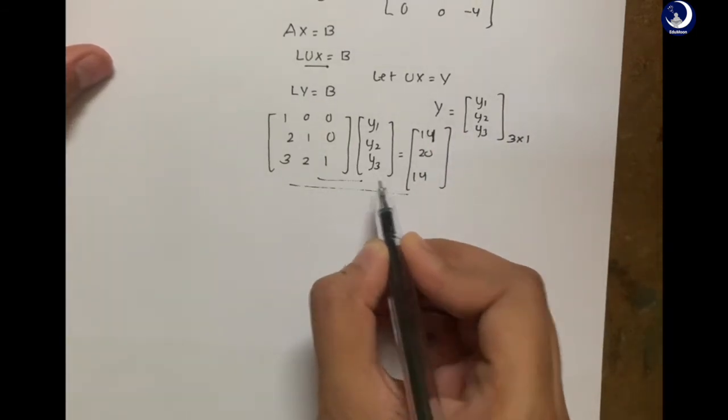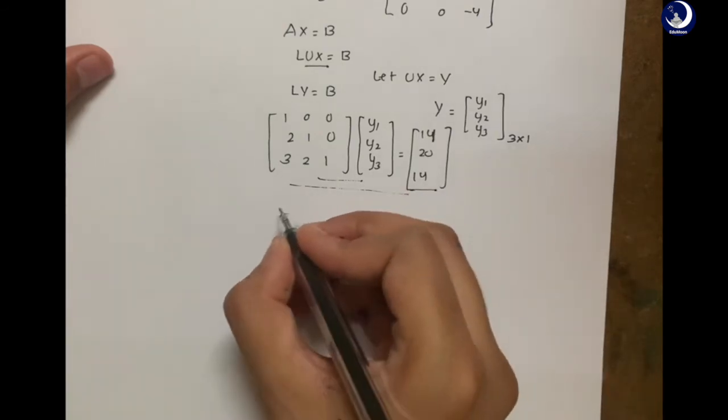Let's multiply these two matrices. We'll be equating this with this matrix.